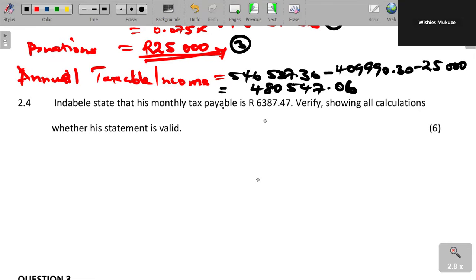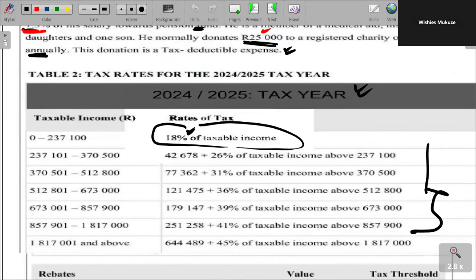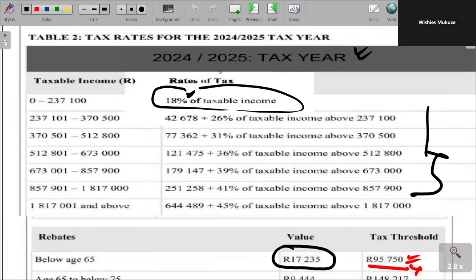To confirm the validity of the statement we need to make calculations, so we go to the tax bracket or tax scale. The man's total taxable income is 480,547, so we have to find where he is falling in.